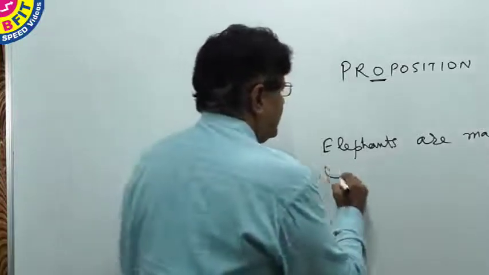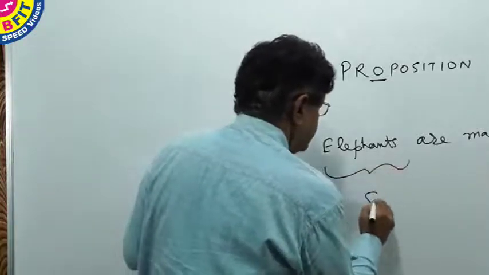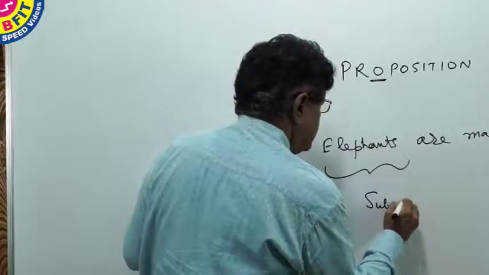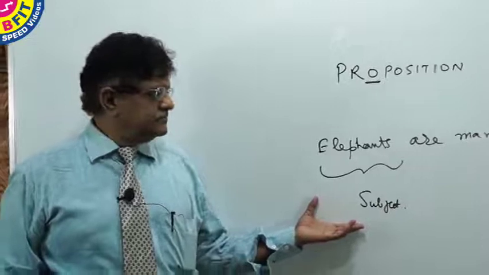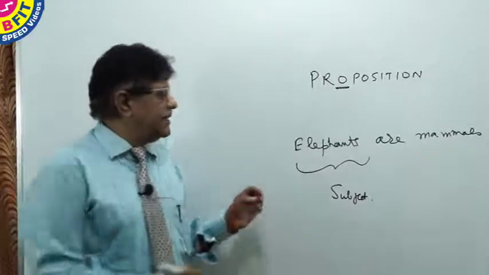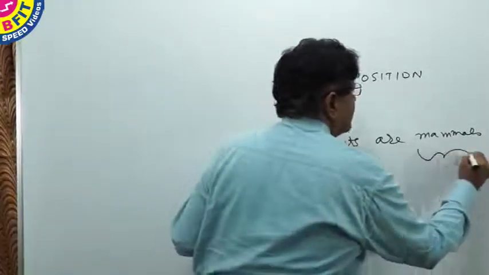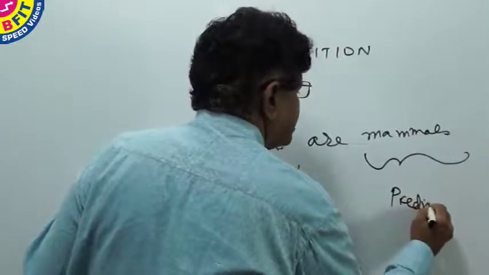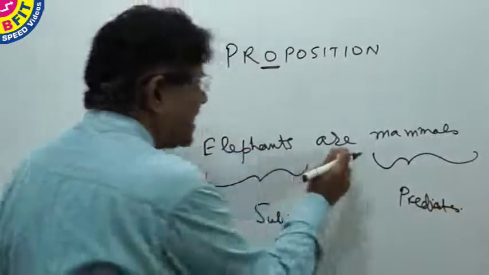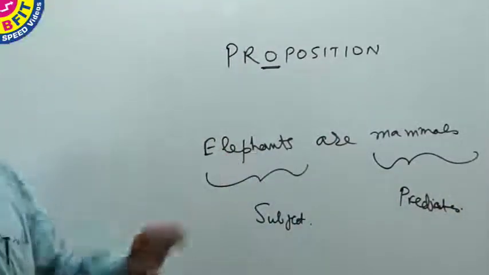So here elephant is the subject, because we are talking about the elephant. Second, mammal is the predicate. We are predicating something about the elephant. Elephants are what? Elephants are mammals.